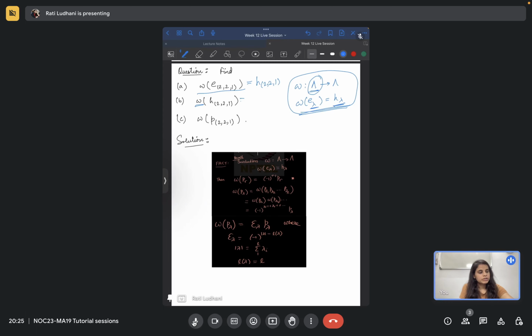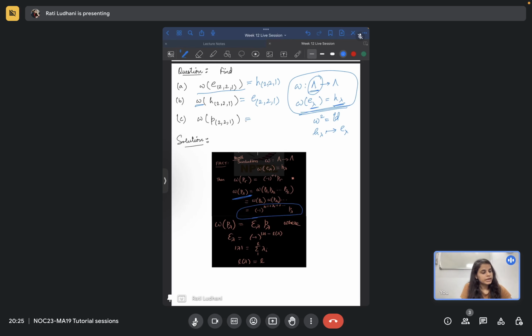And h will be what? As you know, omega square is identity, so definitely h lambda is going to E lambda, because if you apply omega again, you are getting identity, right? So h lambda must be going to E lambda, so this will be E221. And what about the power sum? So power sum, the formula for omega of power sum is equal to this.